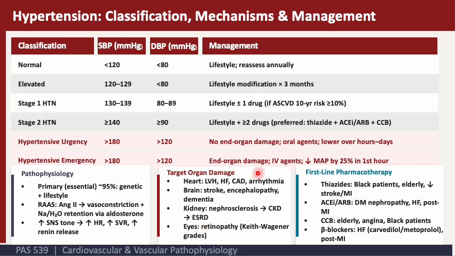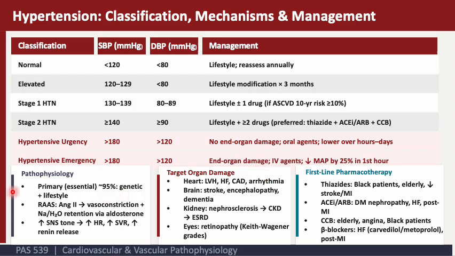That's an emergency. You want to decrease their MAP, their mean arterial pressure, by 25% in the first hour. These patients are usually admitted, at least for observation, but they're usually admitted.